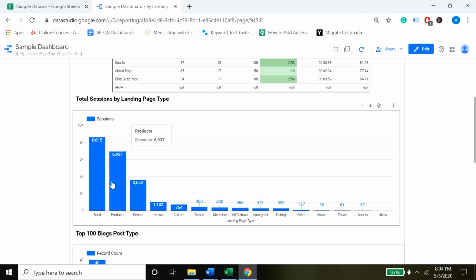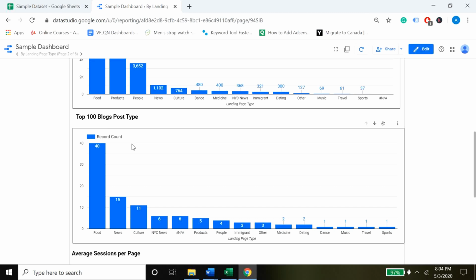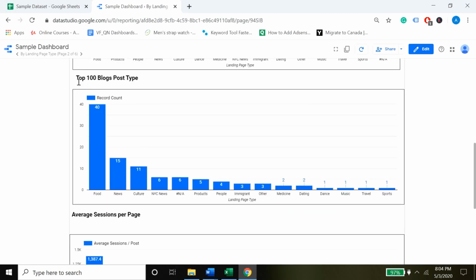Now next, what I did was I created a bar chart. So in this bar chart, we have visualized all the sessions that came in based on our landing page types. And then this specific one where it says top 100 blog types is telling us that out of those 100 data lines that we had, how many of those belong to which category.